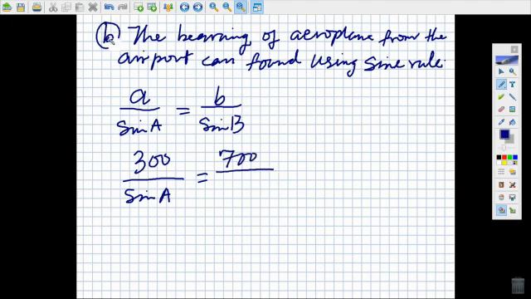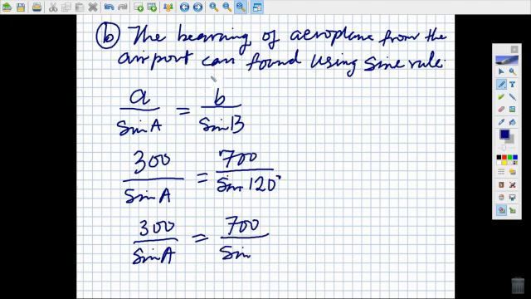Now simplifying further, we can say 300 over sine A is equal to 700 over sine 60 degrees. Note that sine 120 and sine 60 are the same, they are equal.